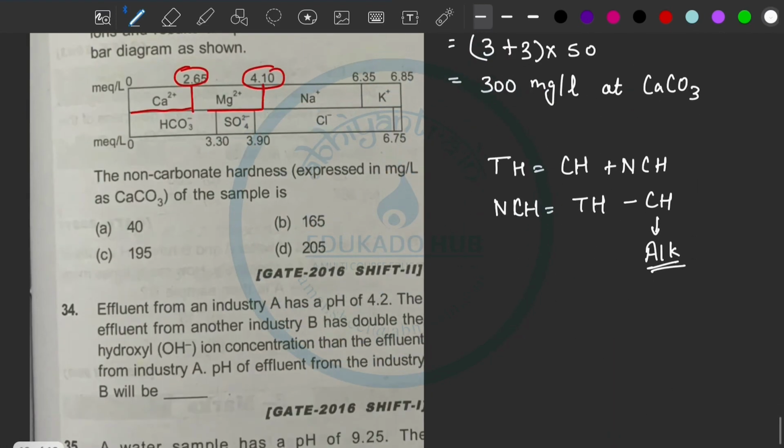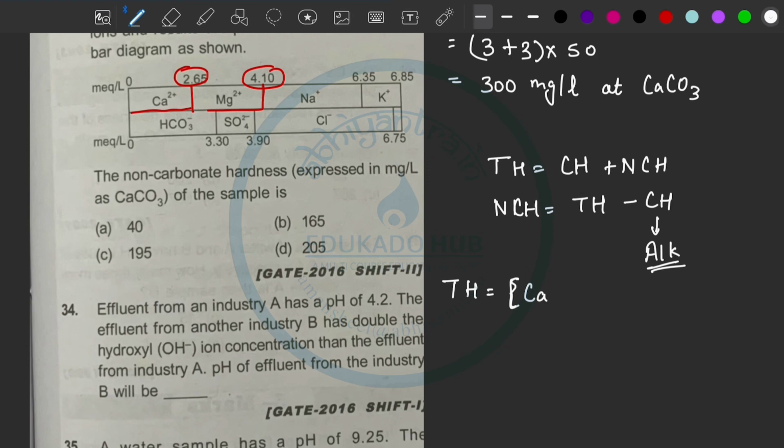Total hardness is the calcium milliequivalent per liter into equivalent weight, just like we did.